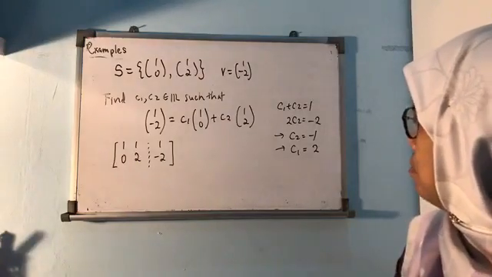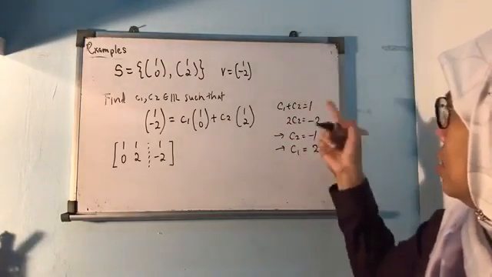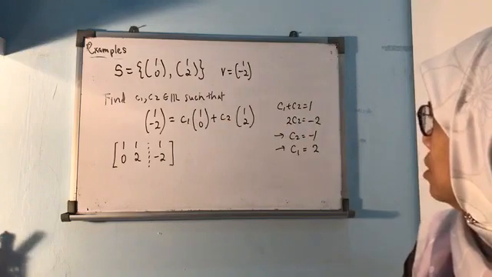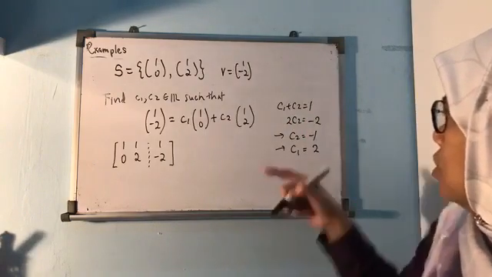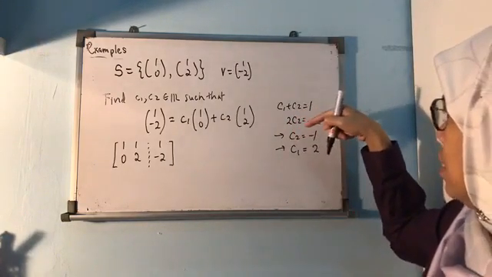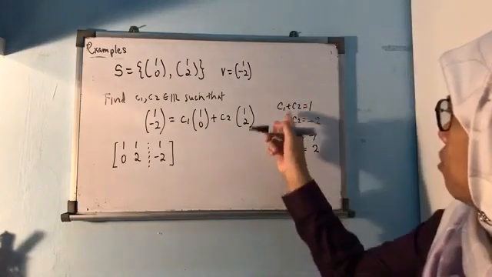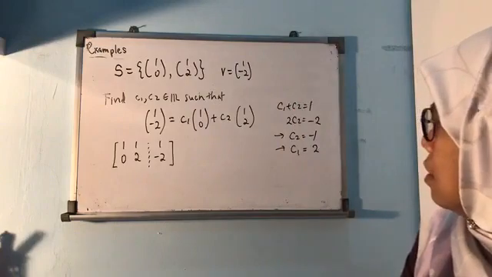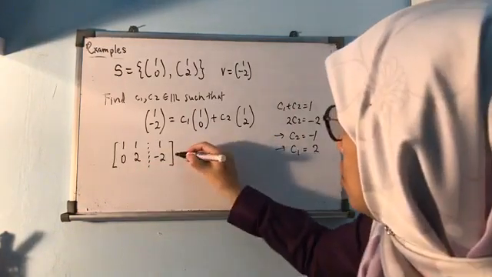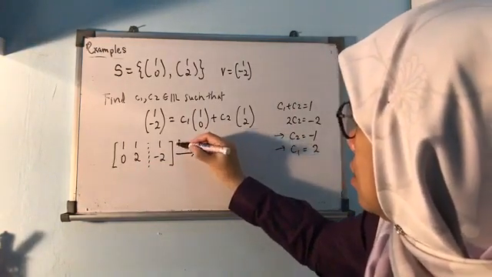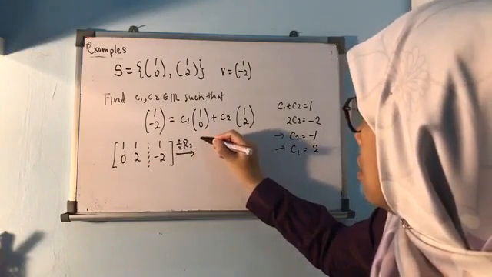That is just because it's so easy. So you just use solving, and then solve this one, replacing. If you want to use row operations, you can use this.